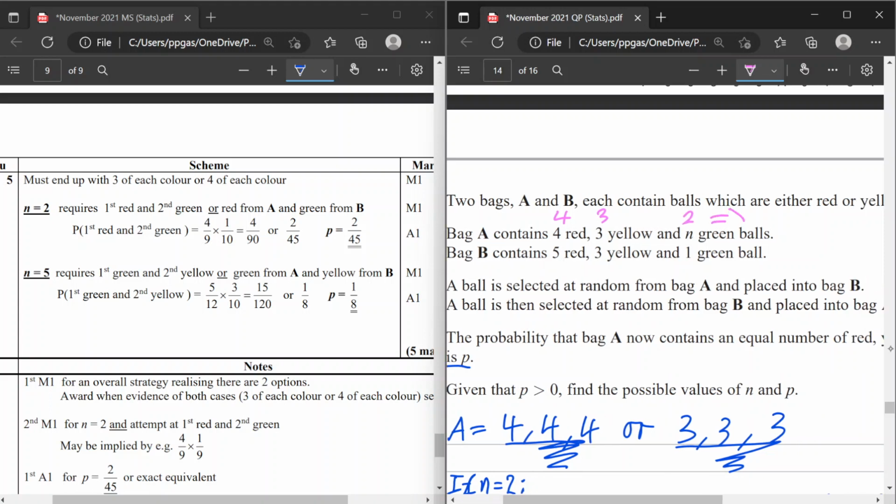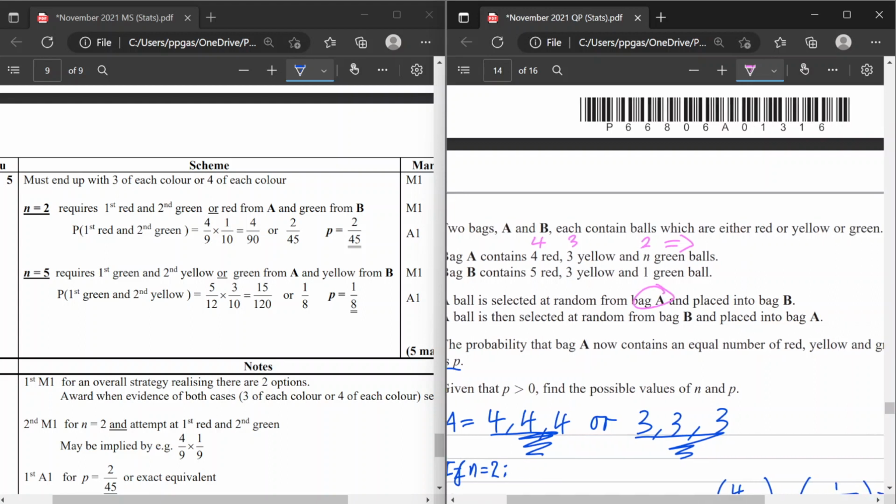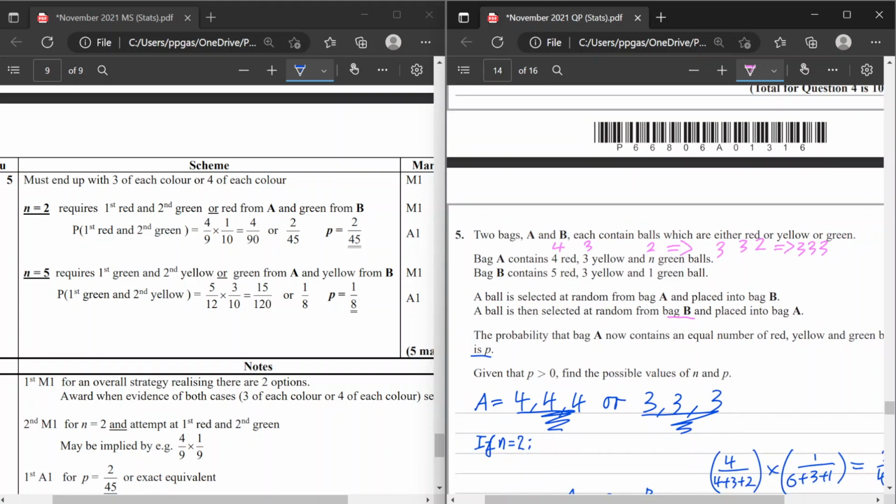Then when you take one out of bag A, you'd have 3 red, 3 yellow, and 2 green, and then you add one from B back into A. So then you'd have 3, 3, 3, an equal amount of balls in the bag. So that was one way of doing it.